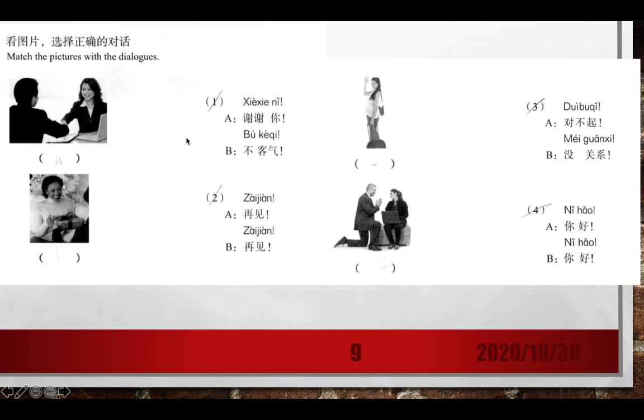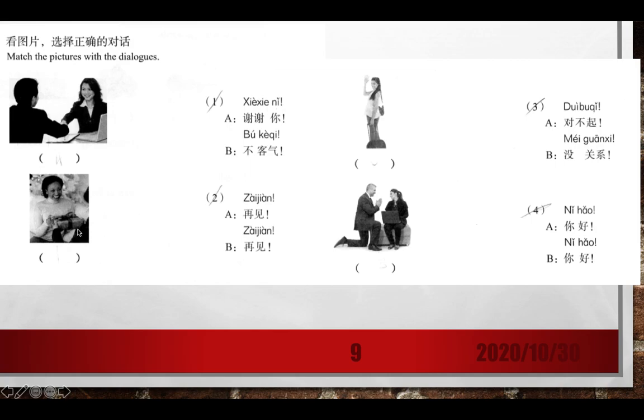We can't be sure, so let's wait a minute. Second picture, a girl is leaving with her luggage. She is also shaking hands. Maybe she is saying 再见, goodbye. So we could put dialogue 2 here, 再见.